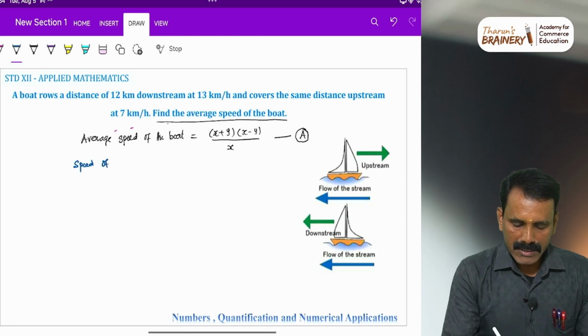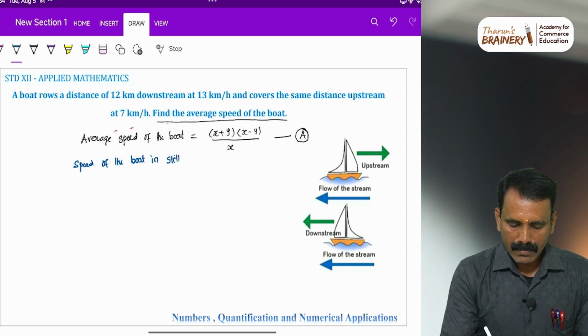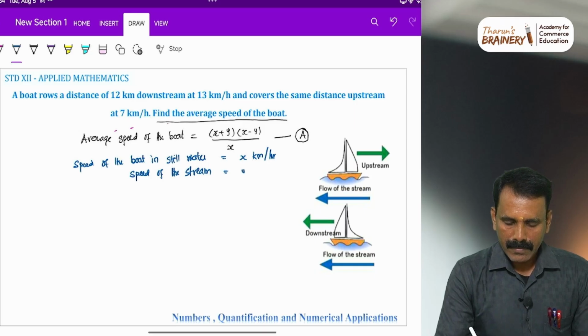Speed of the boat in still water: x kilometer per hour. Speed of the stream: y kilometer per hour.